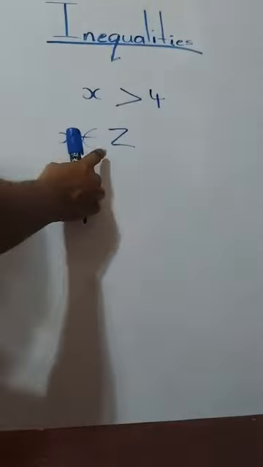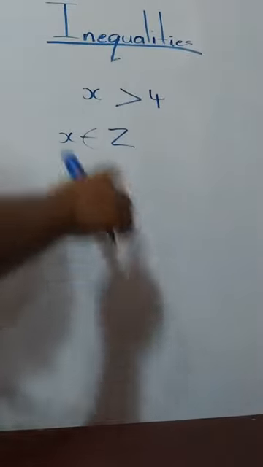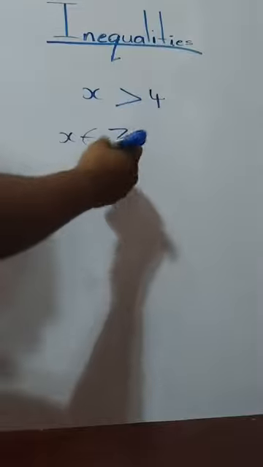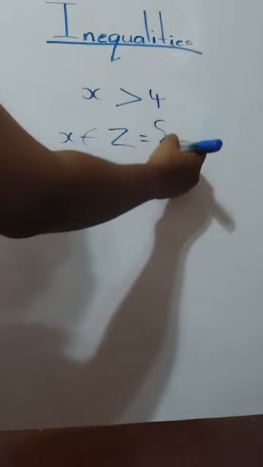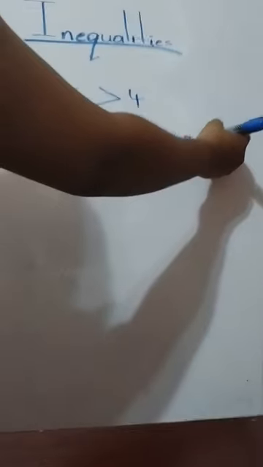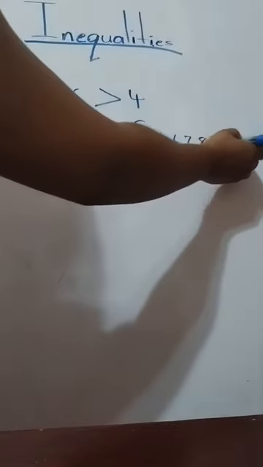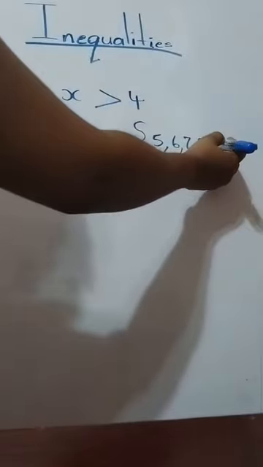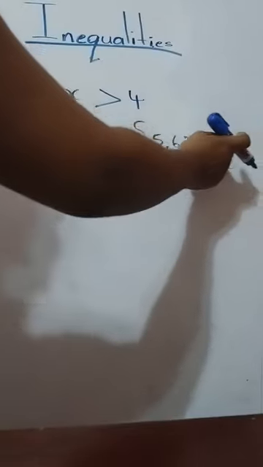So if x was an element of integers only, so we're not looking at decimals, and x is greater than 4, then the numbers greater than 4 would be 5, 6, 7, 8, and I think you get the gist by now, because those numbers go into infinity. These dots mean it continues.